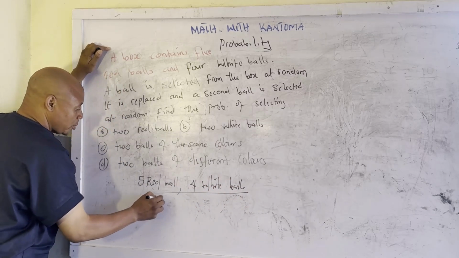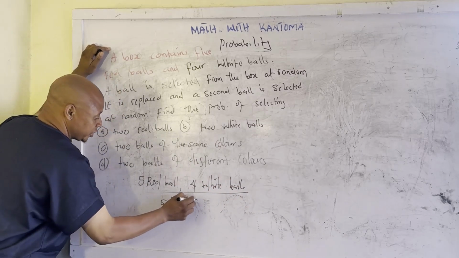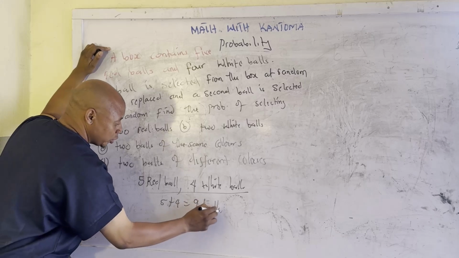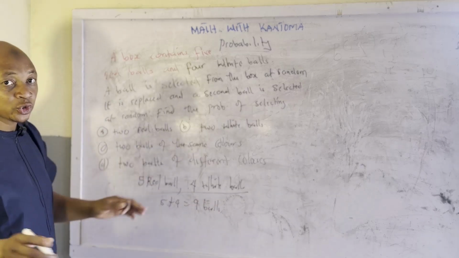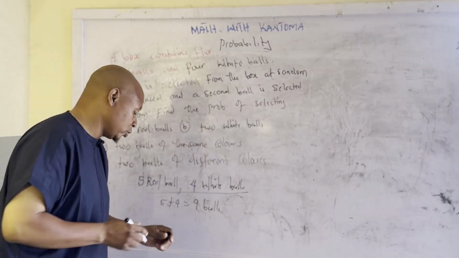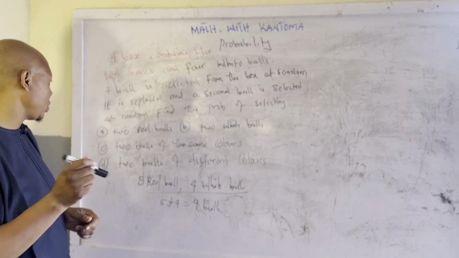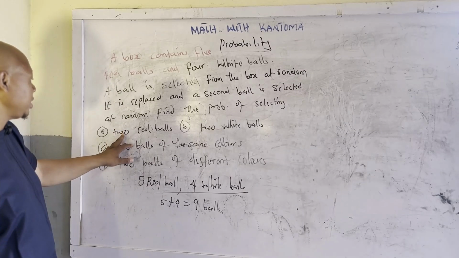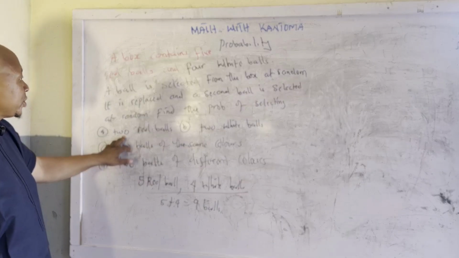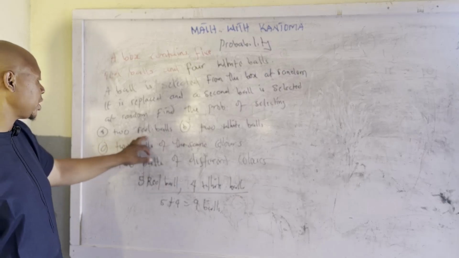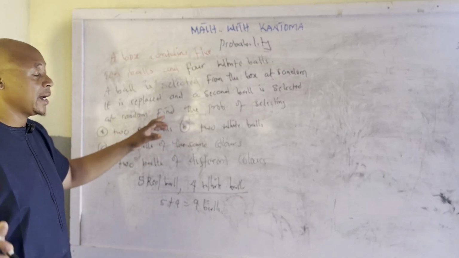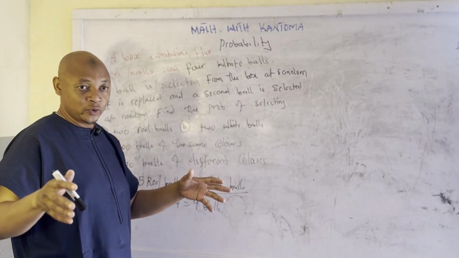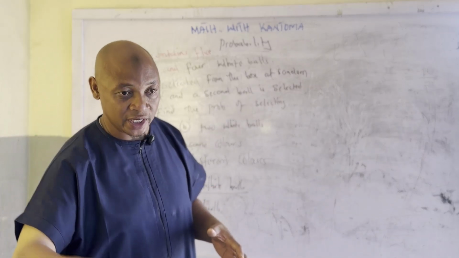So the total number of balls is 5 plus 4, which is 9 balls in all. Now the first question says, find the probability that the balls chosen at random are 2 red balls. In the first scenario, a ball is being chosen at random.